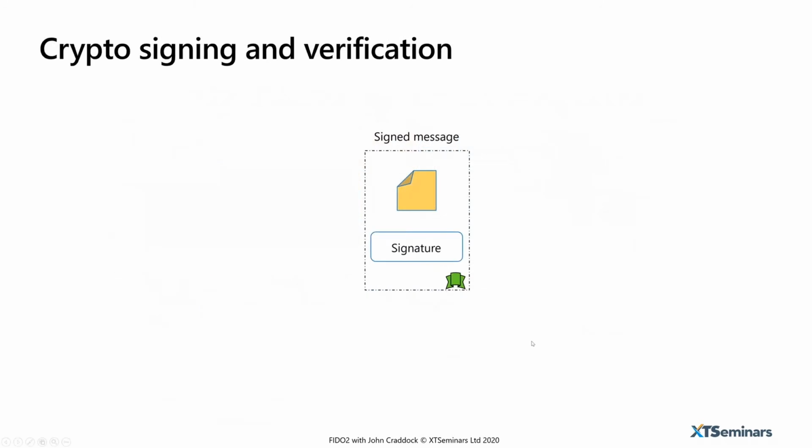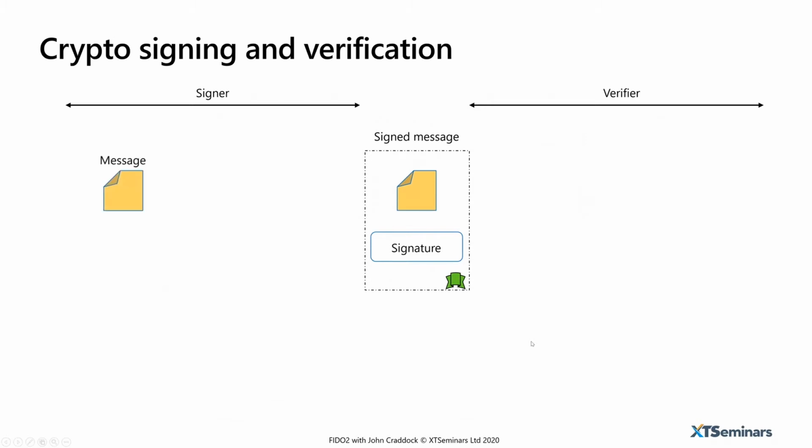So a lot of people ask me about the crypto signing process, and I thought I'd just include a slide on this. So what we have is the signer of a message, and we have the verifier. And what we'll have is the signed message itself, which consists of the original message and a signature. So what the signer does is they take their message, they put it in the package ready to be transported. They then take a hash of the message.